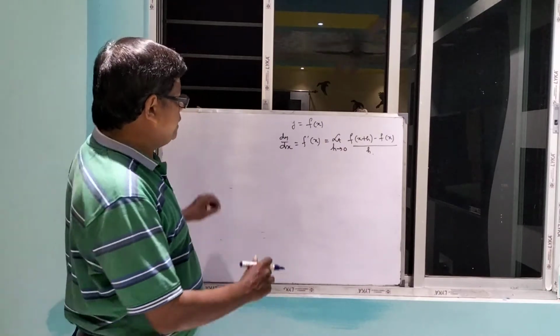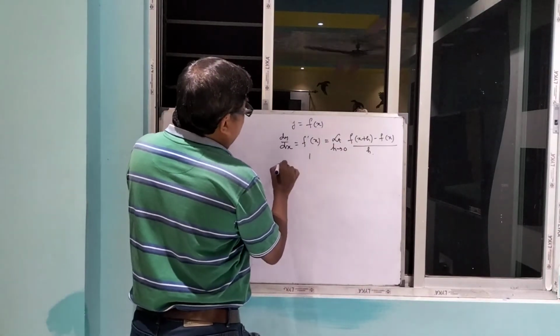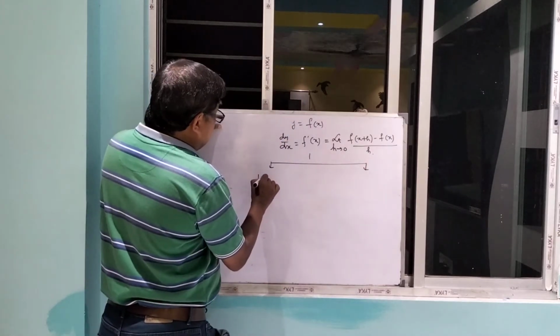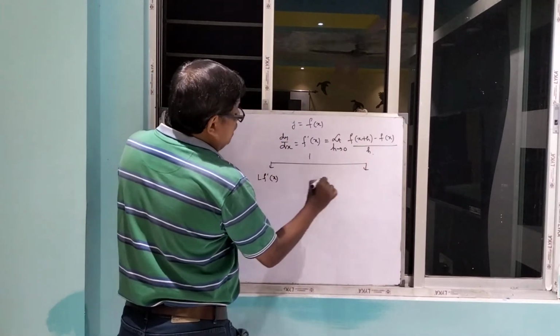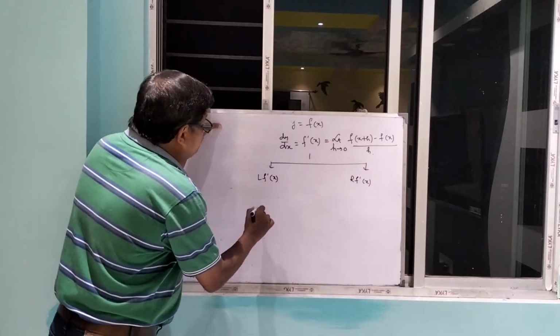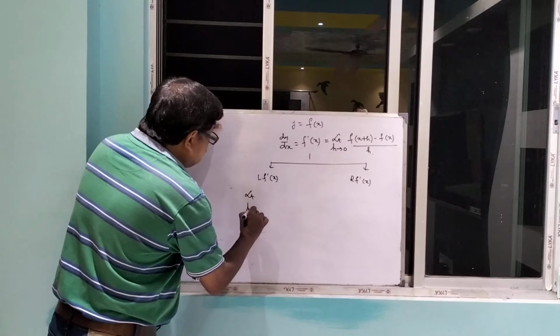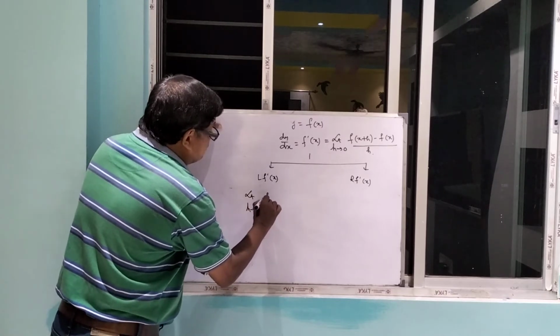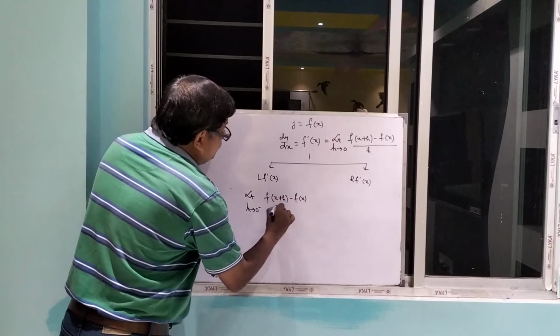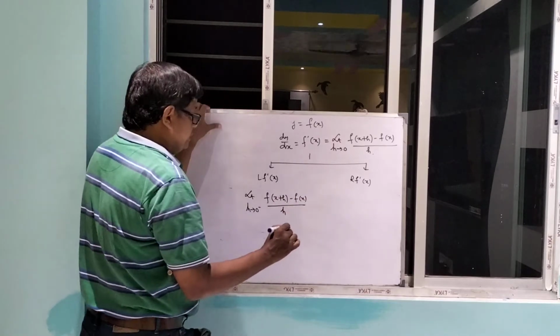Okay, here so f dash x we have to write here, look at here, Lf dash x or Rf dash x. Okay, so Lf dash x means limit h tends to 0 minus, f of x plus h minus f of x by h.